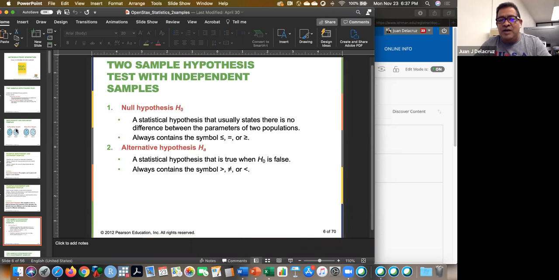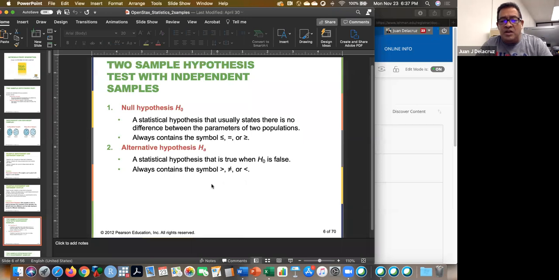In the first case, we have two samples that we know are independent, so the elements in group A are different from the elements in group B. We have two hypotheses, the null hypothesis and the alternative hypothesis, and we know the symbols they are given. If we have the null hypothesis, we have these symbols; if we have an alternative, we have the counter argument.